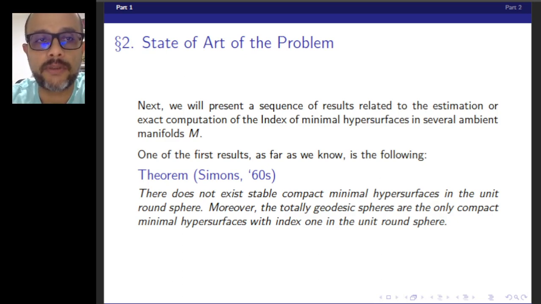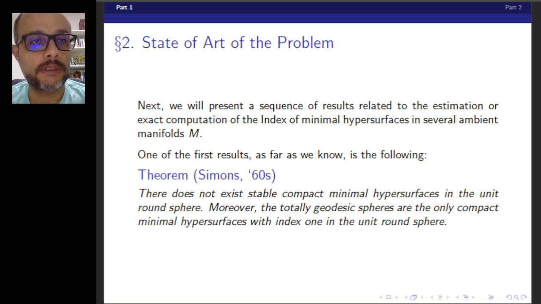This is part of his PhD dissertation. It's a small part of the thesis. And the theorem says there does not exist stable compact minimal hypersurfaces in the unit round sphere.